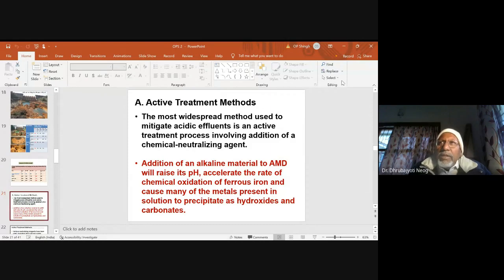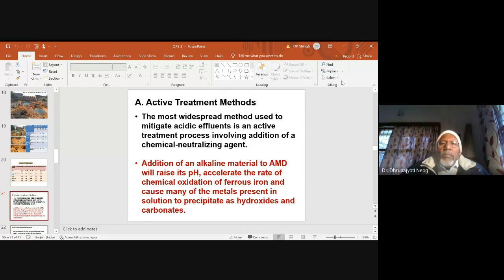And this treatment is done either by following the active treatment method, where we are adding some alkaline chemicals in the acid mine drainage ponds, and this way we are neutralizing the acidity of the acid mine drainage. And after neutralization, the neutralized water is released into the nearby streams, and this way we minimize the ill effect of acid mine drainage.